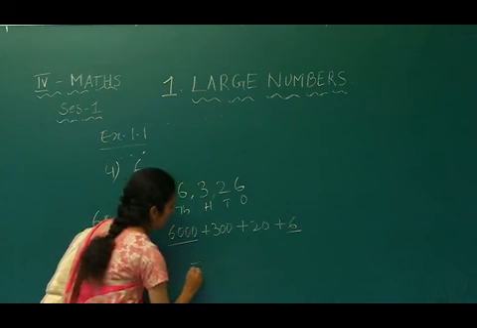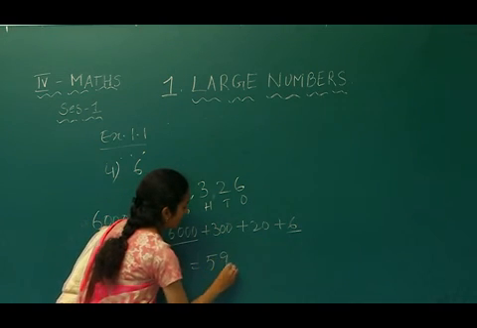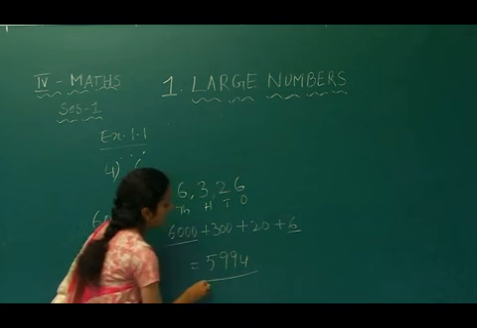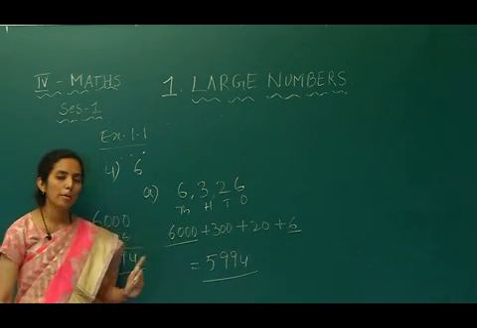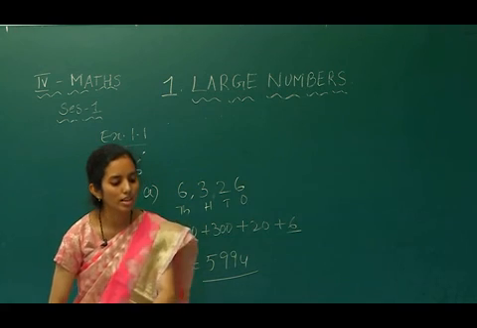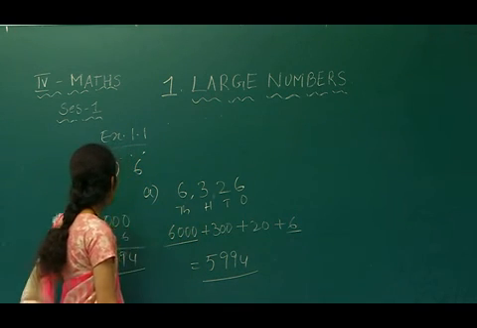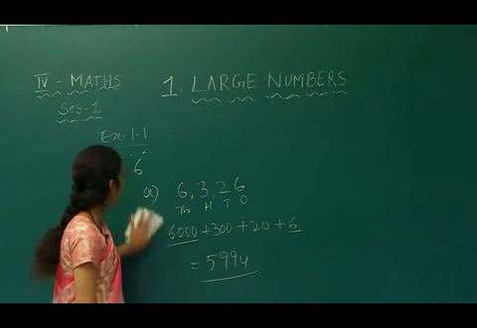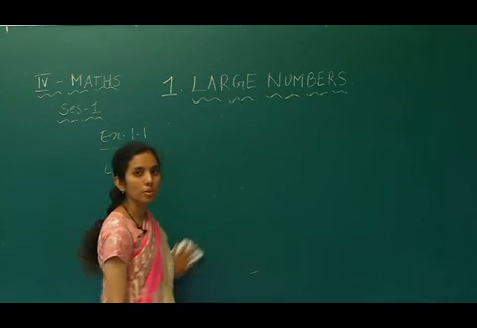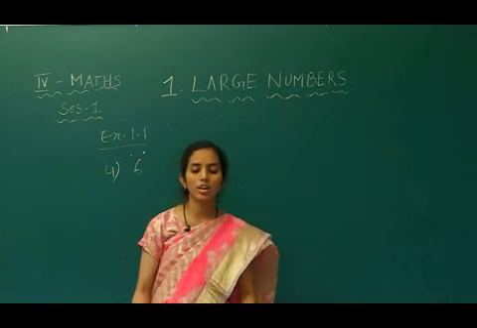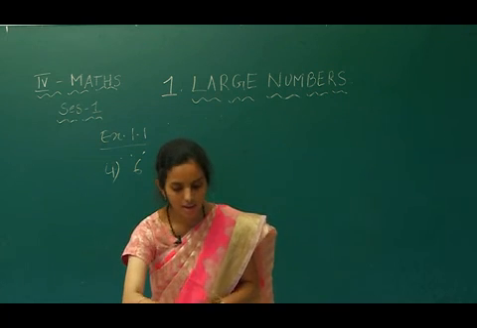So, what is the answer? 5,994 is the difference of the two 6's place values. So, the other three examples are also very simple. First of all, write down the expanded form and then do the subtraction.